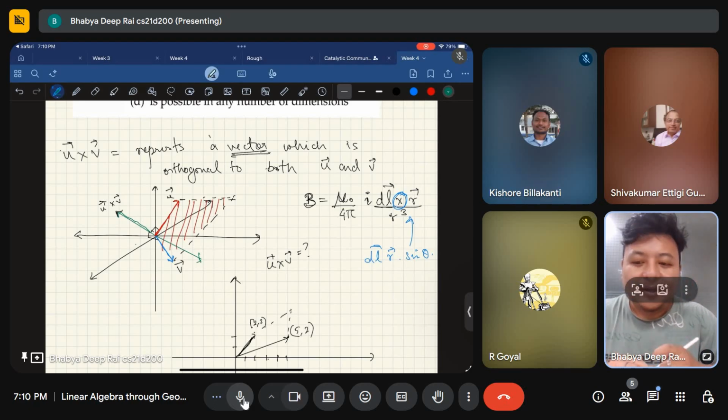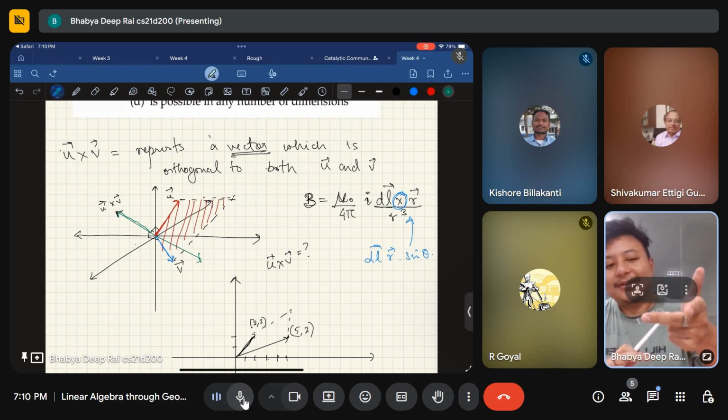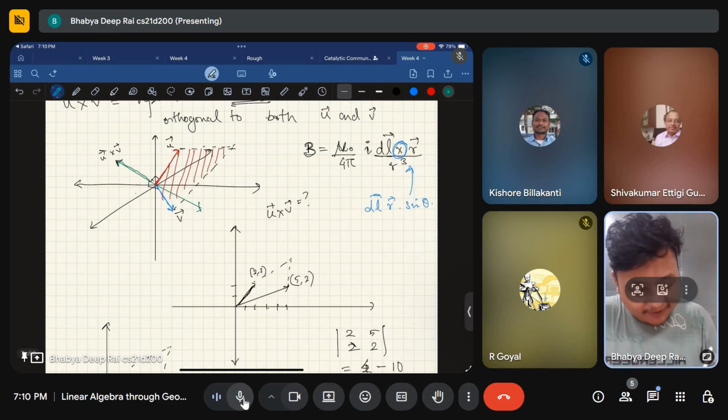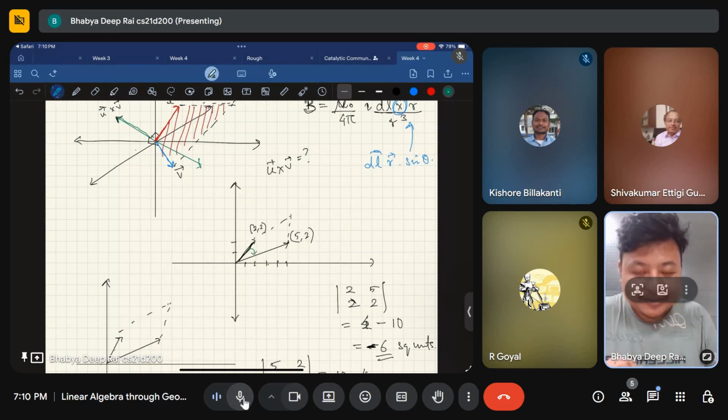Which one? That's why we say the right hand rule. Use the right hand rule and then you figure out whether it is this or this. But why does the right hand rule work? Because it matters how you measure theta. Are you measuring theta this way or this way?